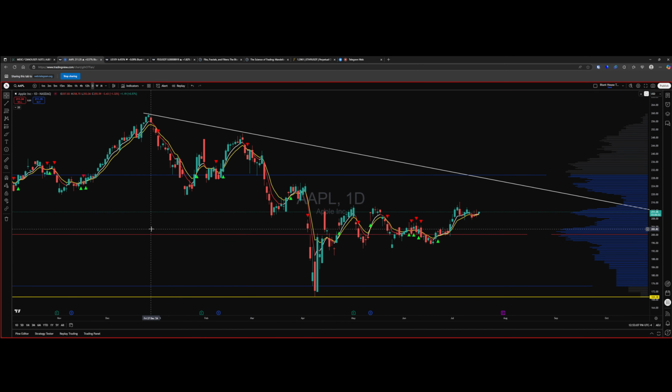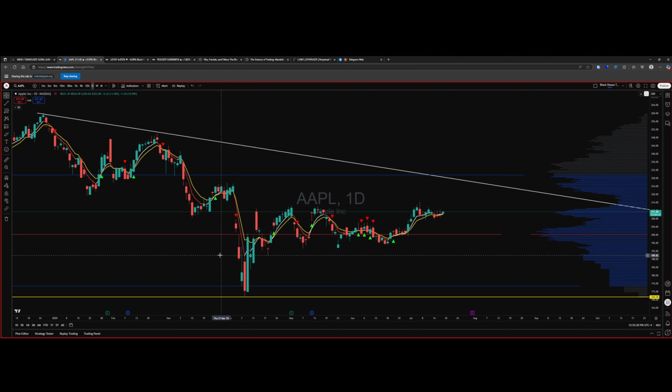This is Apple daily. These are all the things that you have to do, right? Find the breakouts, find the breakdowns. And when they do break out or break down, you have the understanding of how to know when trend is changing, how to find targets and areas of support and resistance.